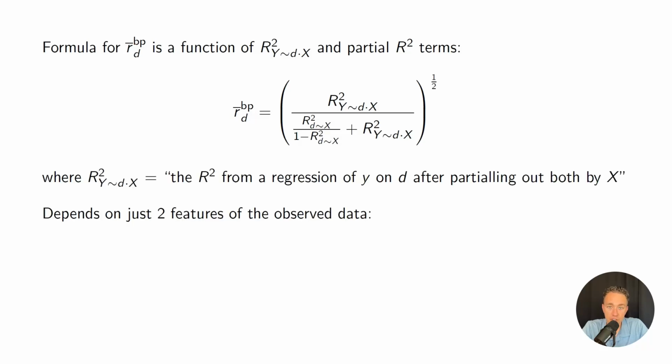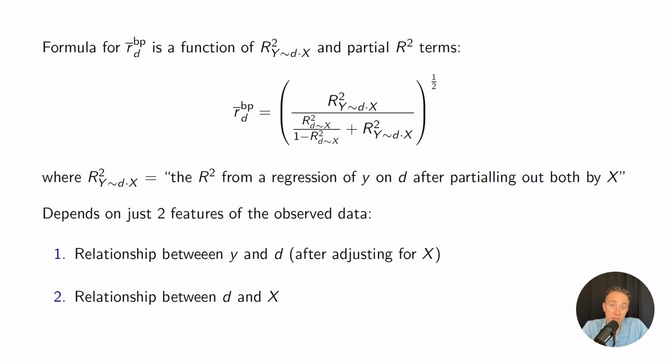Basically this just depends on two features of the observed data: the medium regression, the relationship between y and d after we adjust for x, and the first stage, the relationship between d and x. So in that sense, it's pretty impressive that we can think about these two intuitive objects and come up with a fairly simple formula that describes the breakdown point.